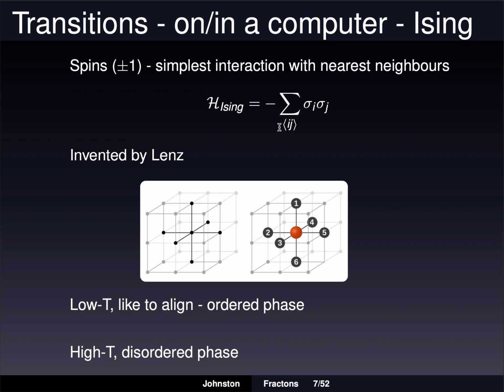The dimension is too low to get a transition between an ordered, a magnetic phase, and a disordered, a non-magnetic phase. But this does happen in 2 dimensions for this Hamiltonian on a square lattice, and that was evaluated exactly some years after Ising's work in a tour de force by Onsager.